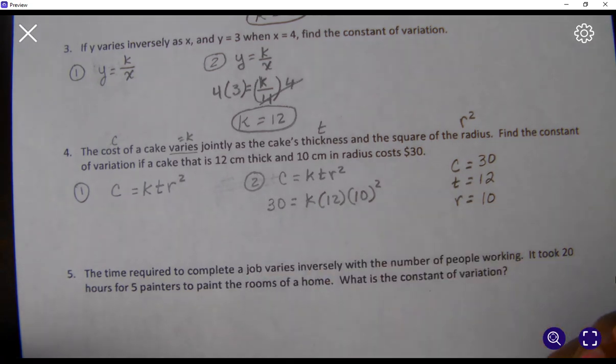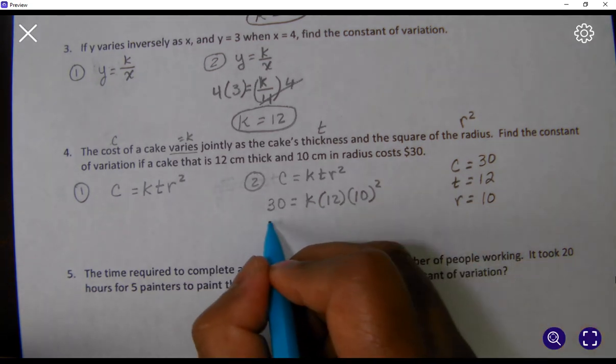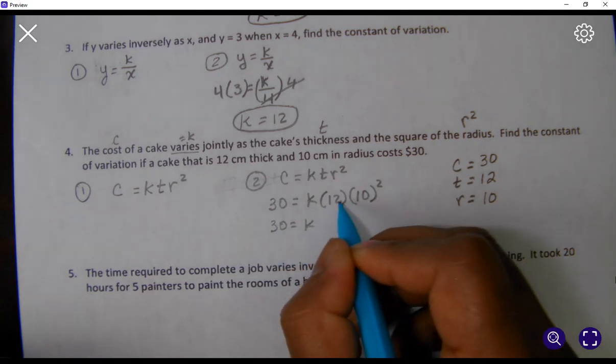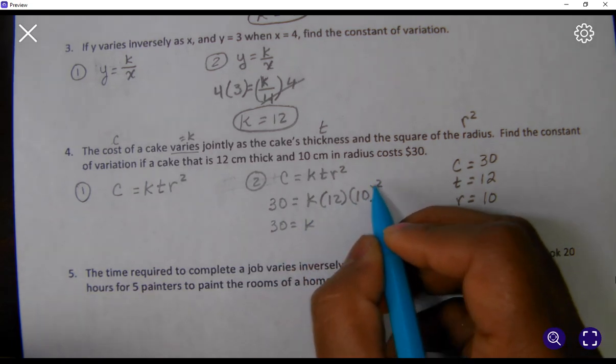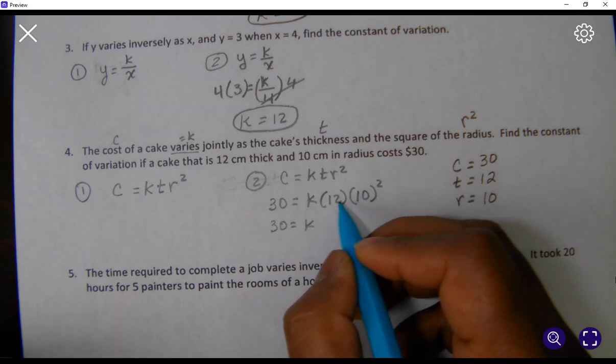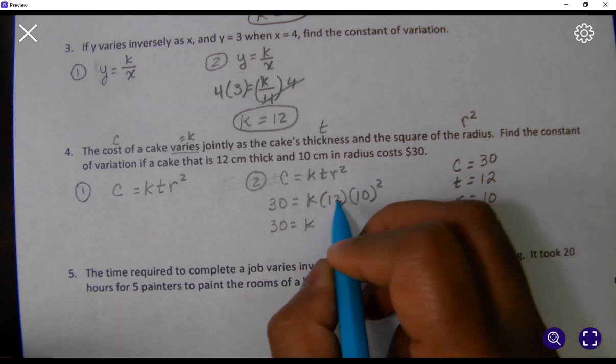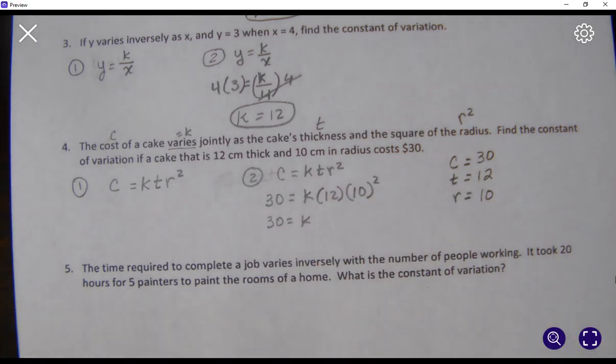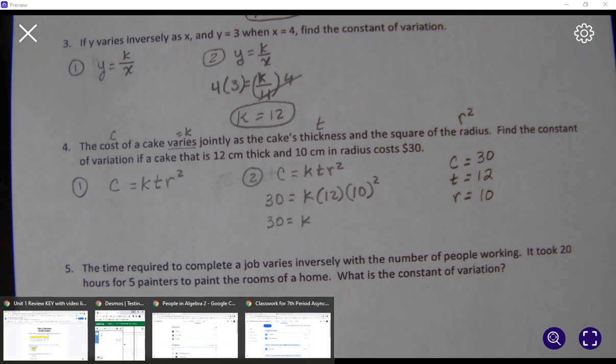And then I'm going to figure all this out. So let me go ahead and do this side first. Let me simplify this. So 12 times 10 squared. So exponents first and then multiplication. When we do order of operations, you don't do 12 times 10 and then squared. You do 10 squared and then times 12. Or you can just put it in decimals. It does order of operations for you beautifully.